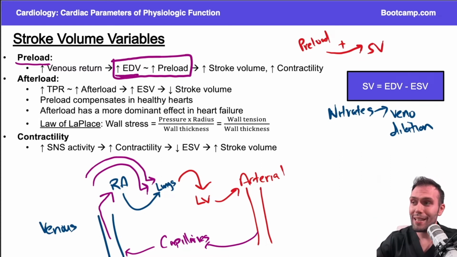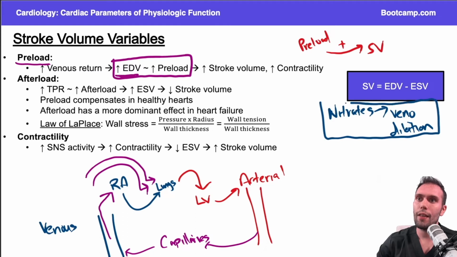They don't do the same thing, as you'll see. Nitrates can cause a little bit of arterial dilation, but on board questions, they're usually testing you on its effects on the venous side. So if I cause venous dilation, am I going to get more blood or less blood coming back to the heart? I am going to get less blood coming back to the heart, less preload.